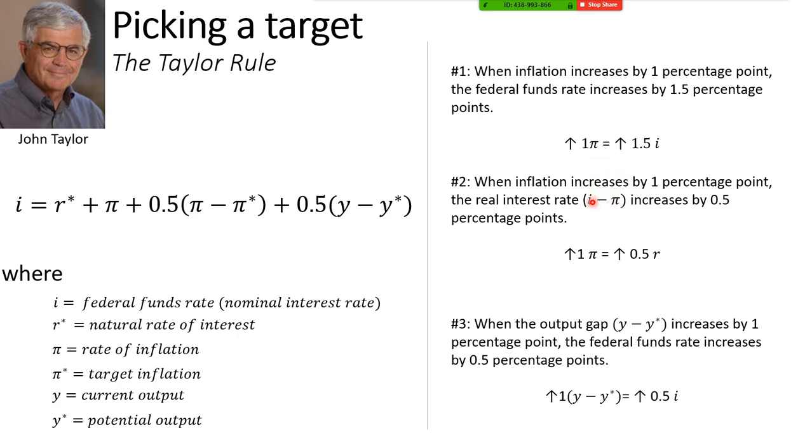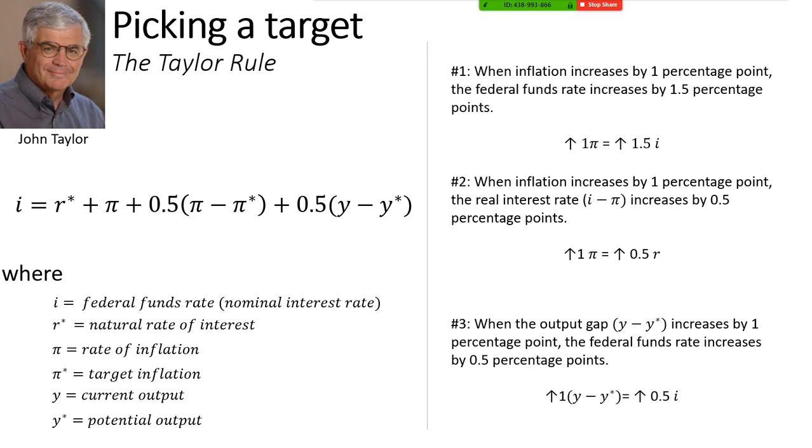So we have that increase in the real interest rate, which I'm representing by r here, increases by 0.5 percentage points. Okay, and this also makes sense, again, for the same reason. Increase in inflation indicates a tightening of monetary policy that makes its way through nominal interest rates and the real interest rate.